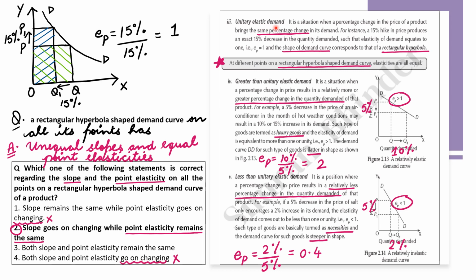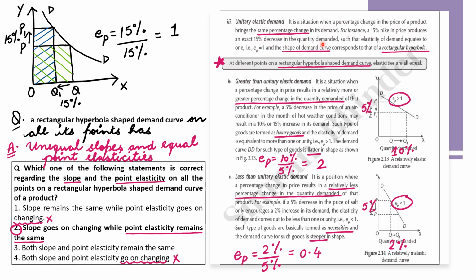The basic understanding is this: whenever there is a percentage change in the price of a product, it brings the same percentage change in its demand. For example, if there is a 15% increase in price, it produces an exact 15% decrease in the quantity demanded.